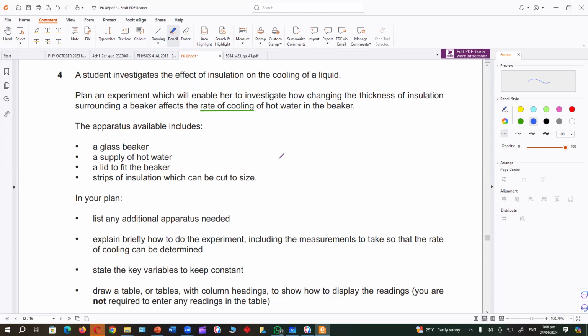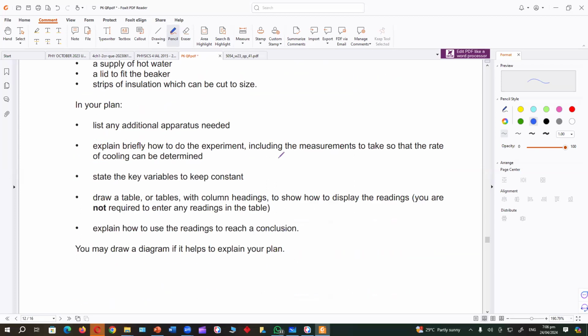Apparatus includes a glass beaker, a supply of hot water, a lid to fit the beaker, and strips of insulation which can be cut to size. So list any additional apparatus.